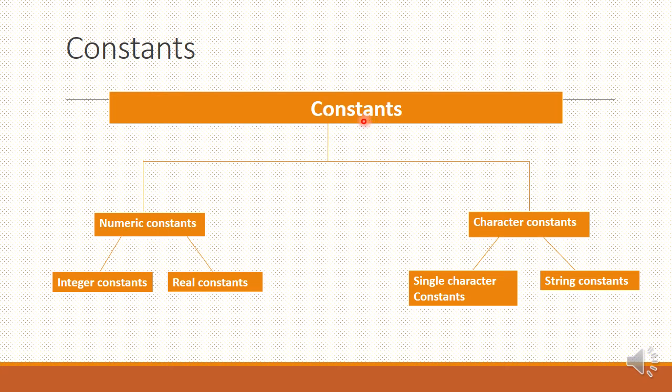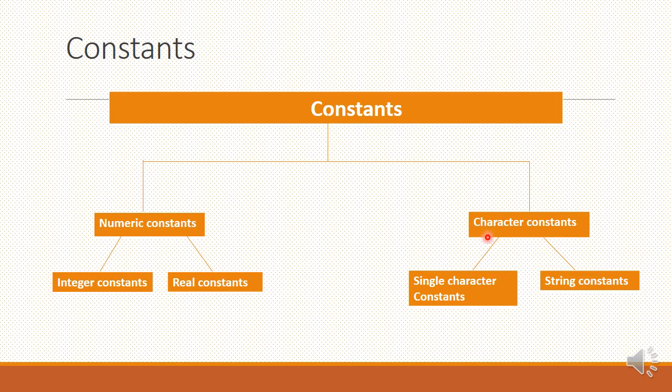Constants are mainly divided into two types: numeric constants and character constants. We all know that numeric means numbers. Those numbers are again divided into integer constants and real constants.